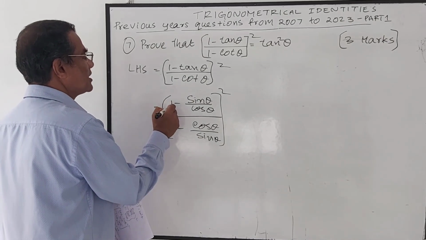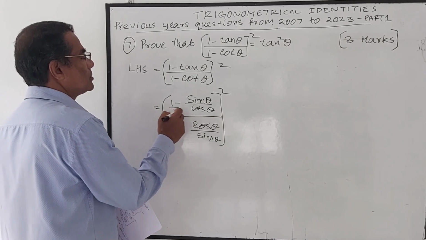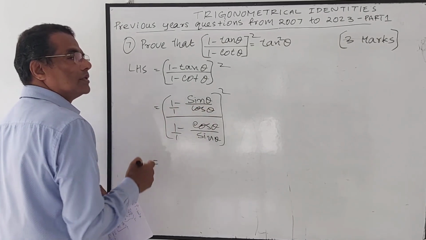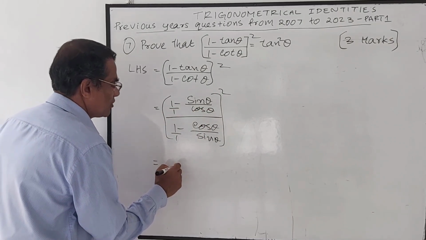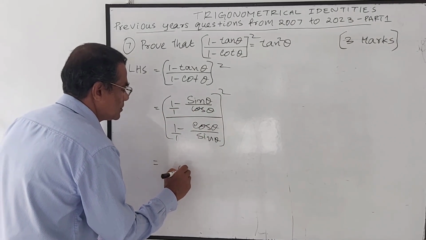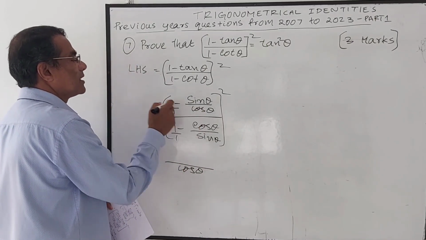Equal to 1 means 1 divided by 1. Here again the same situation. So I am taking the denominator by multiplying the denominator. 1 into cos theta is cos theta. Then the numerator I will get multiplying like this.